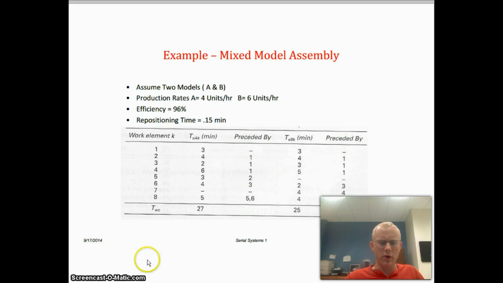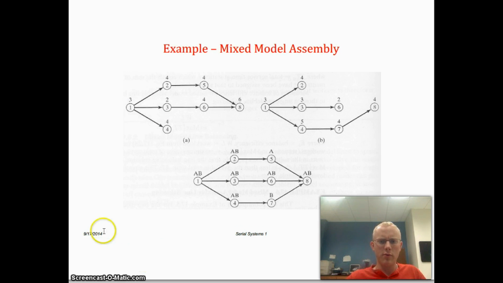And so if we put this into a table, we can see that this is for part A and this is for part B, and this would show the completion route. And the idea is that we want to aggregate them into one flow.